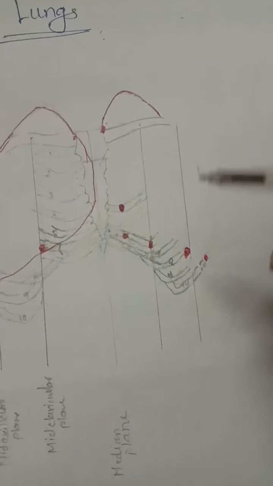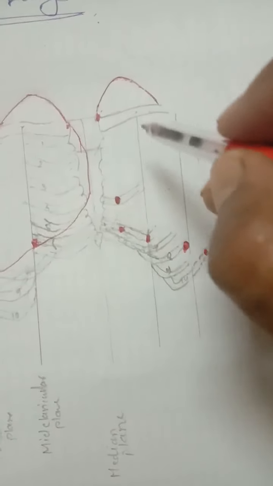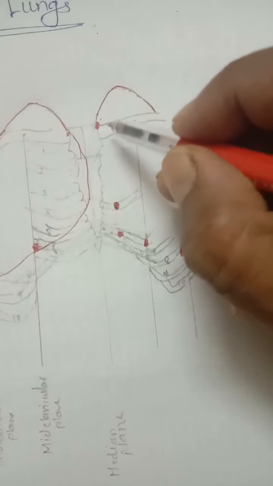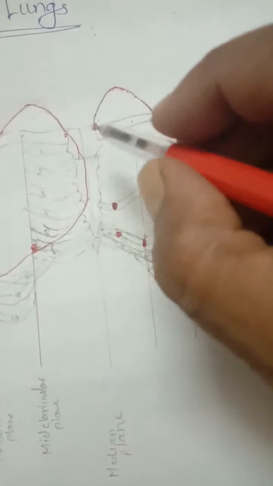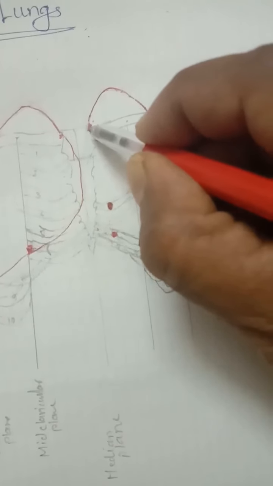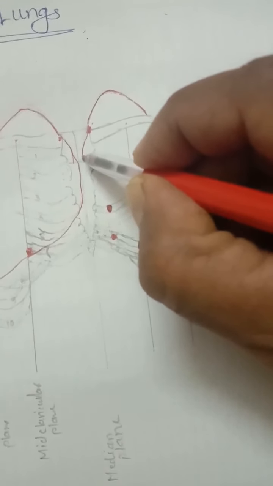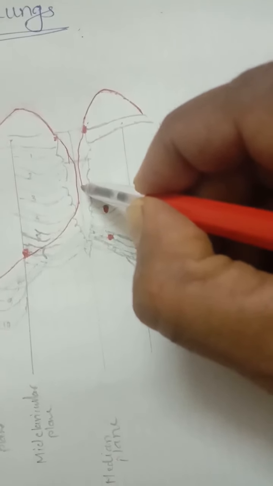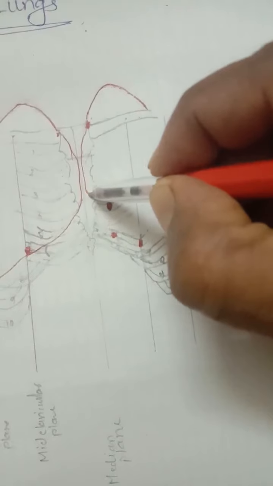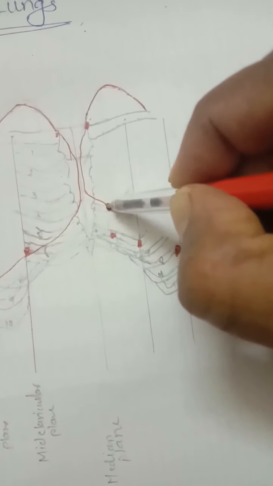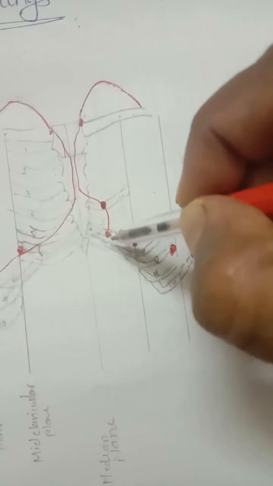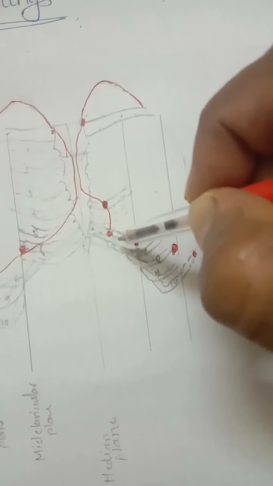So in this way, join the points. Here is the apex of the lung, which is present above the medial 2/3 of the clavicle, then the sternoclavicular joint, then on the median plane in this way, and then join to the 4th costochondral junction, and then draw this concave margin which is attached to the 6th rib.